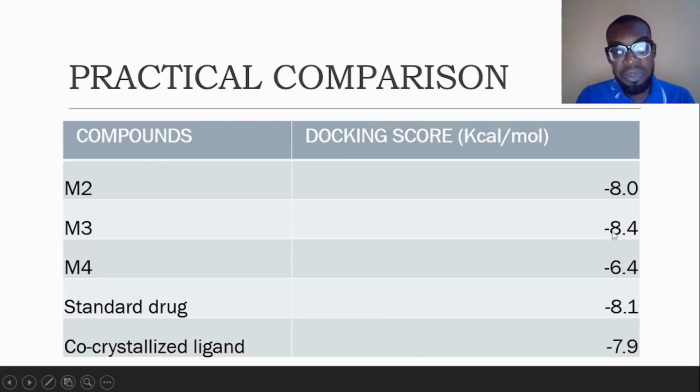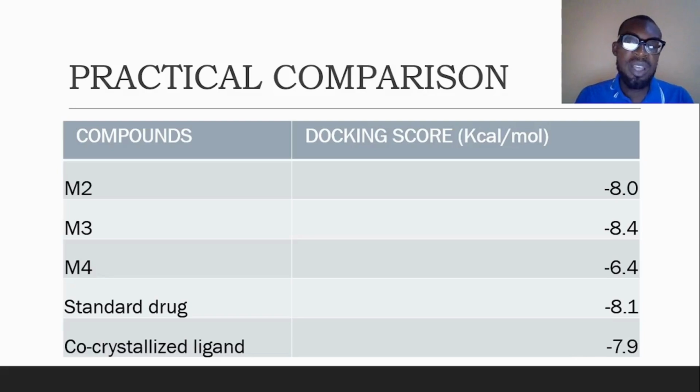So M3 shows a better docking score than the standard drug, and even the co-crystallized ligand, which is often used as a standard. So remember that the more negative the value, the more likely you have stronger interactions.